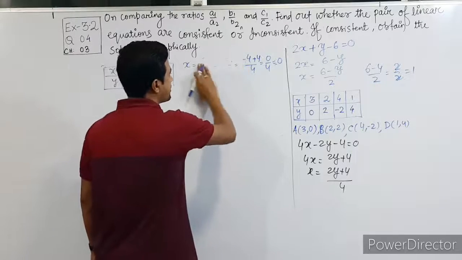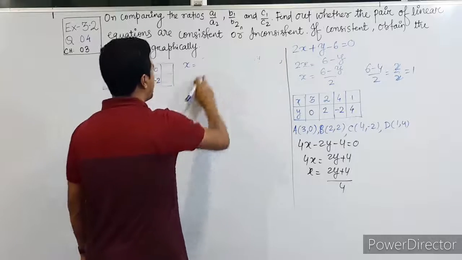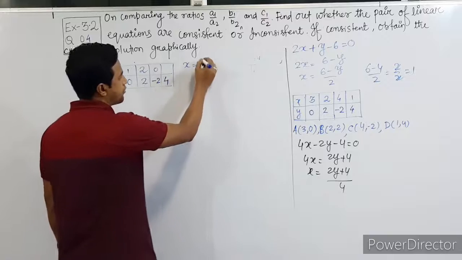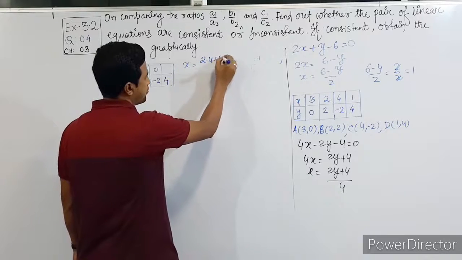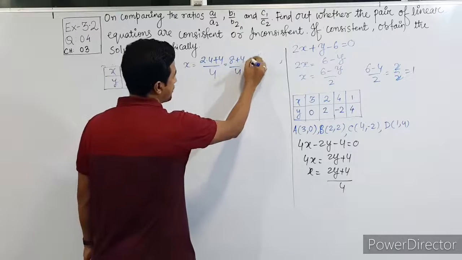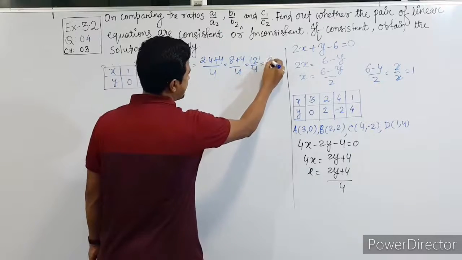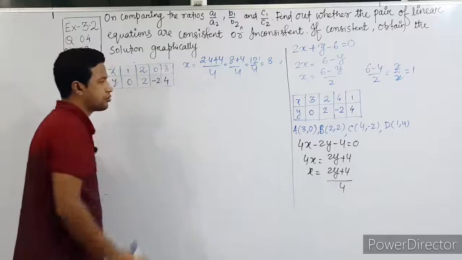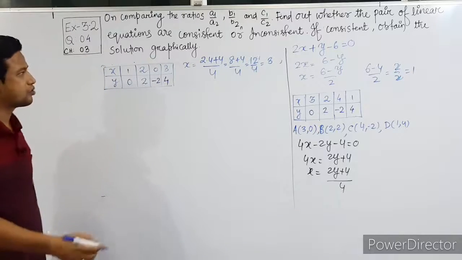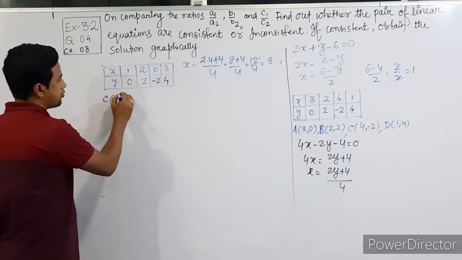For the last point, let us take, for example, y is 4. So (2 into 4 plus 4) by 4, 8 plus 4 by 4, that is 12 by 4. I got the answer as 3. So we have already found the 4 points for the first equation, A, B, C, D. Let's go for the next points.